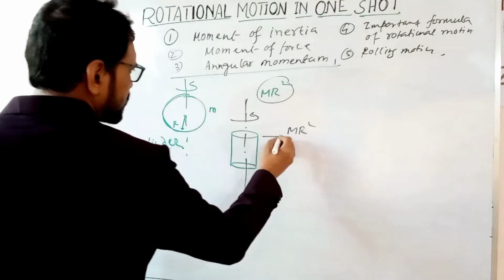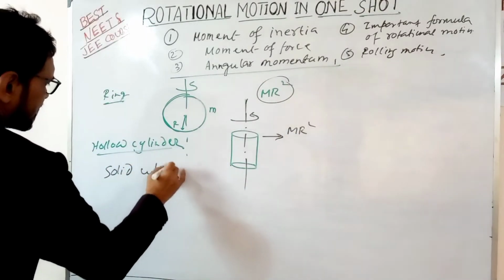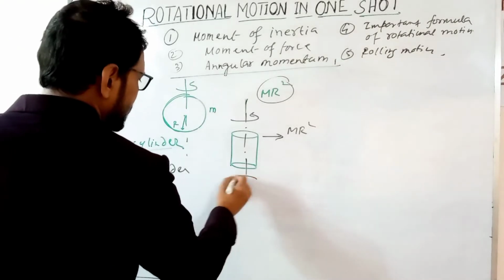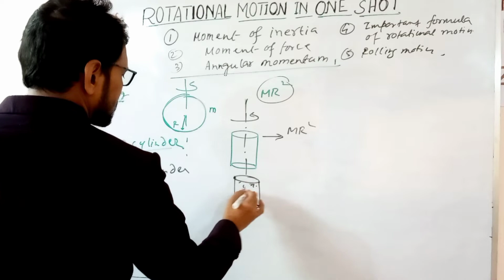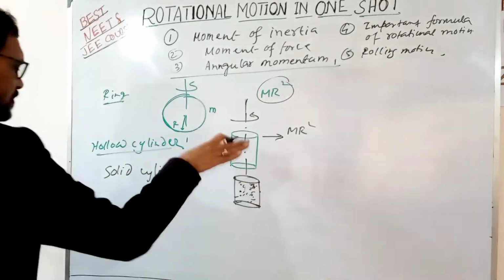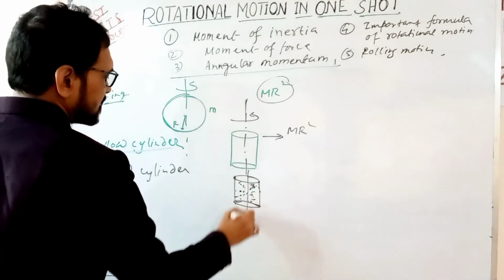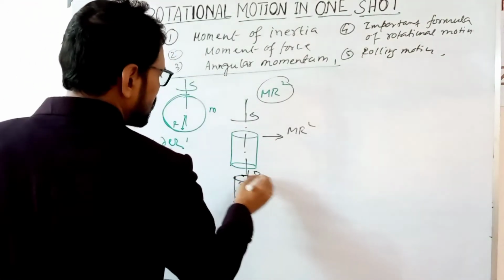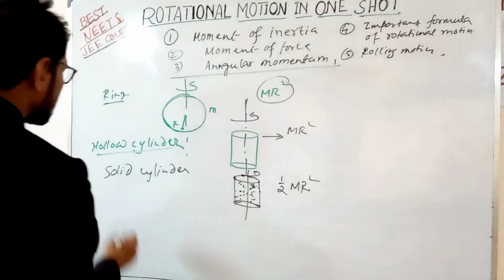Now the solid cylinder. A solid cylinder is a summation of disks. If we place different disks one upon another, a solid cylinder is formed. So the moment of inertia will be half m r square, where m is the mass of the cylinder and r is the radius.